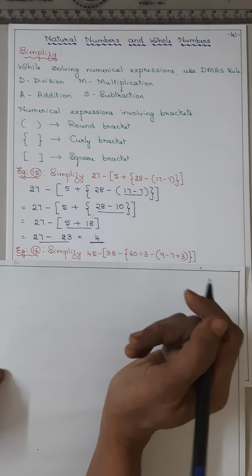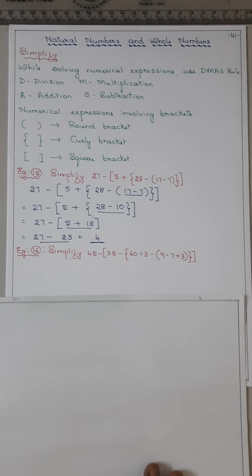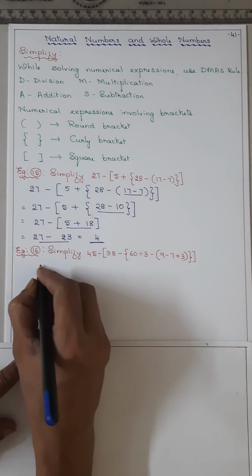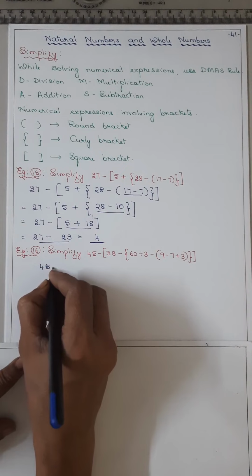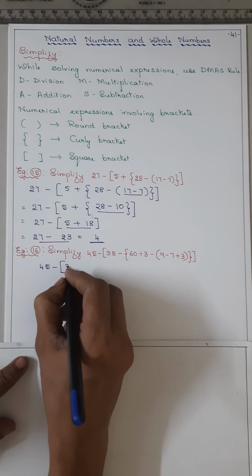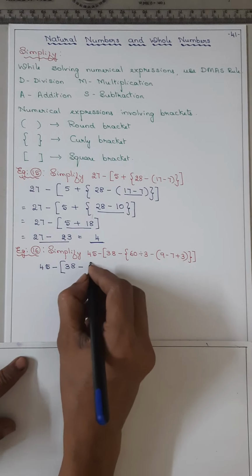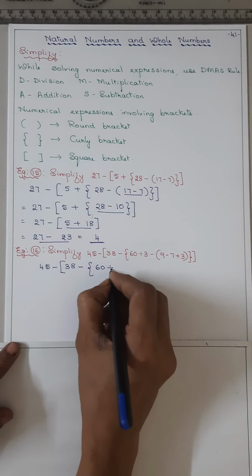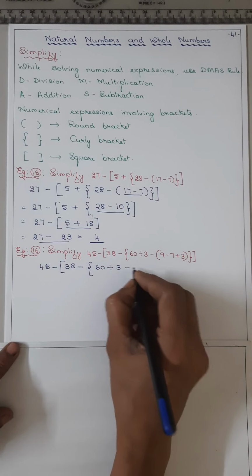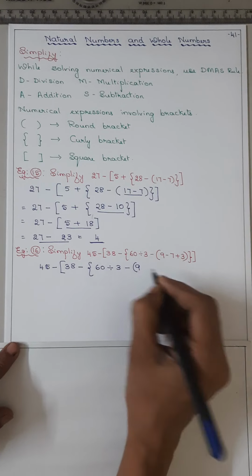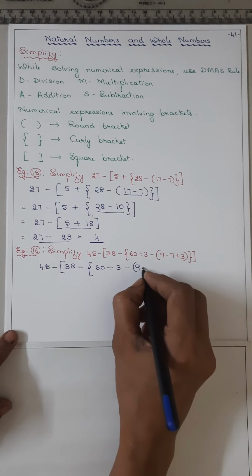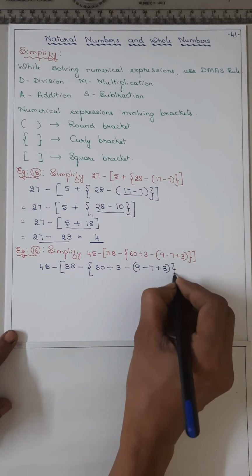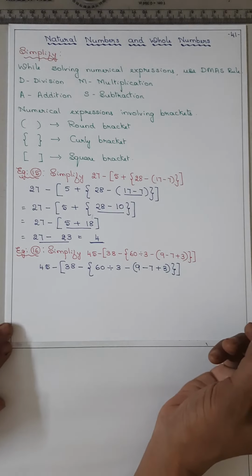So stepwise you have to go on simplifying. Okay. Now the next sum is 45 minus 38 minus curly bracket 60 divided by 3 minus round bracket 9 minus 7 plus 3, close all the brackets.